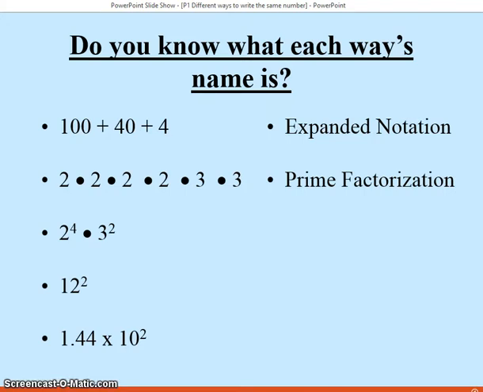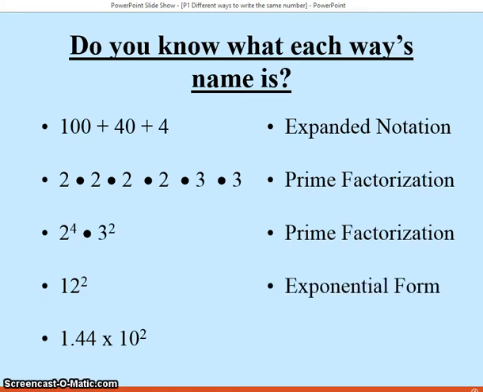Because the third way is the same as writing the second way, the third way is another way of writing a prime factorization. The fourth way is exponential form, writing a number with a base and an exponent. And lastly, which you have not learned about yet, is scientific notation, writing a number with a decimal times the power of 10.